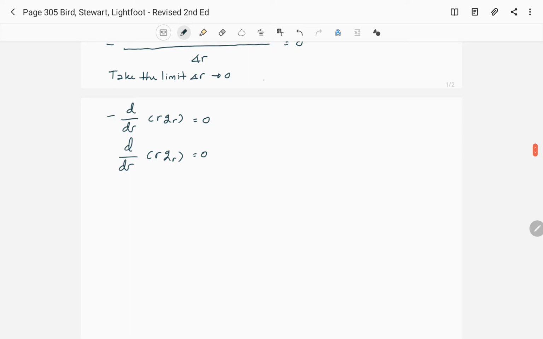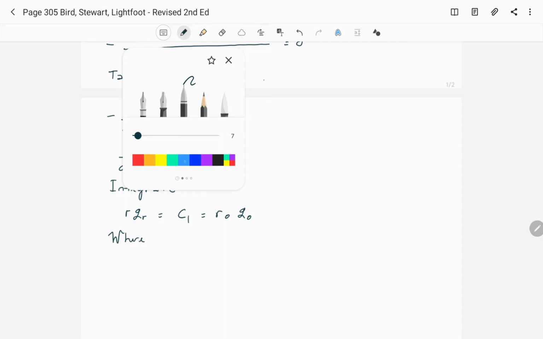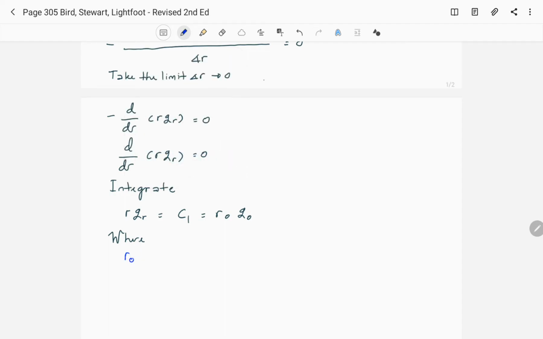Then we can integrate: R q_r will be equal to C1, which is equal to R0 Q0, where R0 is the inner radius of region 0-1, and then Q0 is the heat flux at R0.